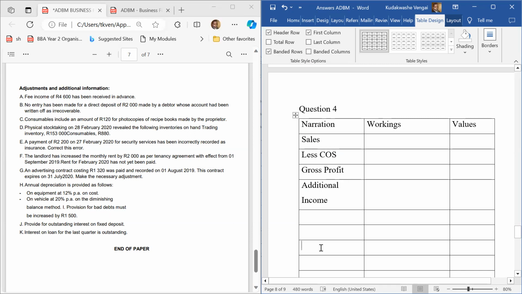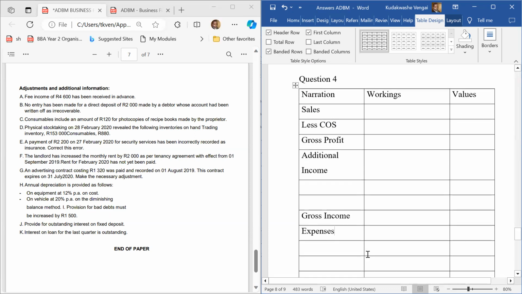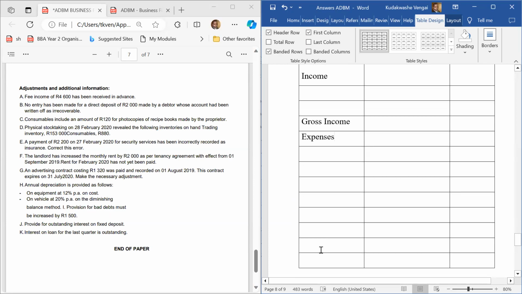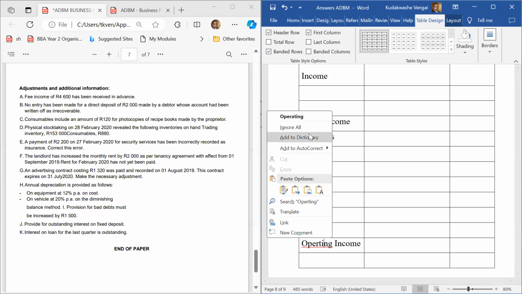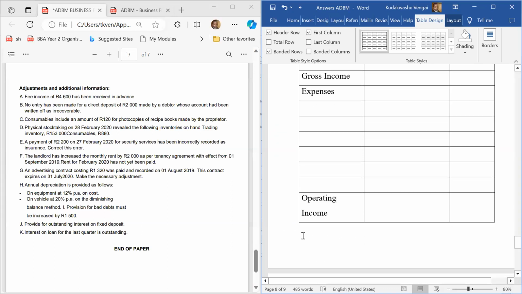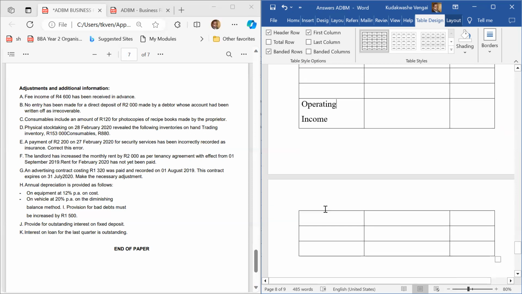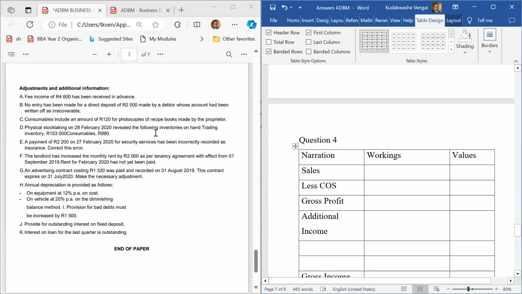And then you've got your gross income. And then you've got your expenses, and there are going to be different types of expenses that you face. And then you're going to have your operating income, etc. As we go down, let's just go through it.